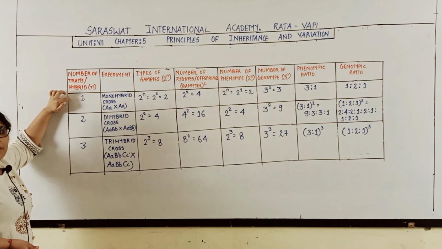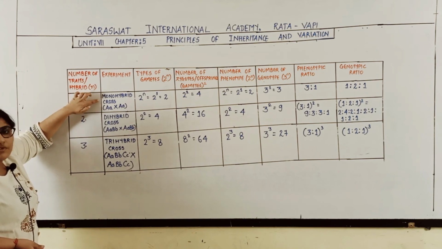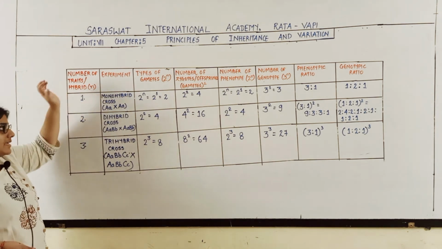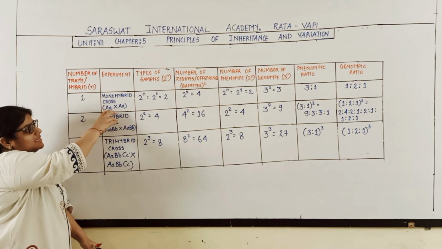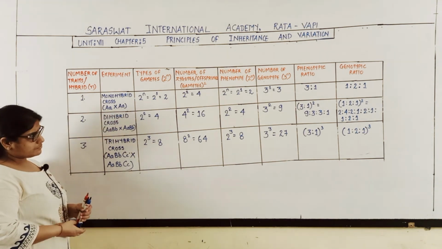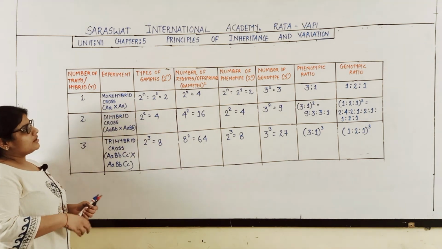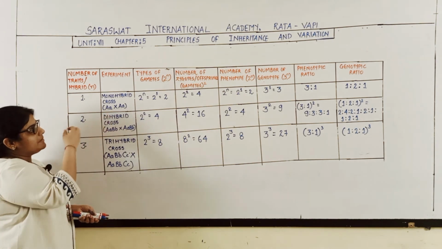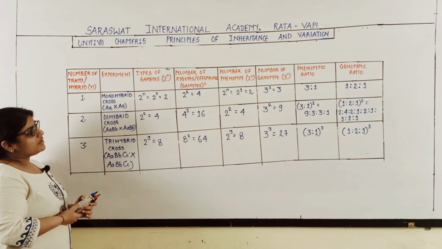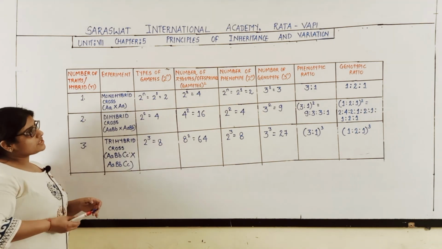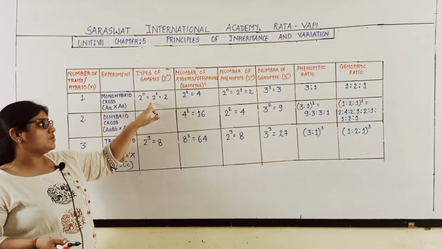Now suppose the number of characters studied is 1. So basically which type of cross is it? A monohybrid cross, right? So say for example the cross is capital A small a crossed with capital A small a. Now students, the types of gametes produced will be 2 raised to n.